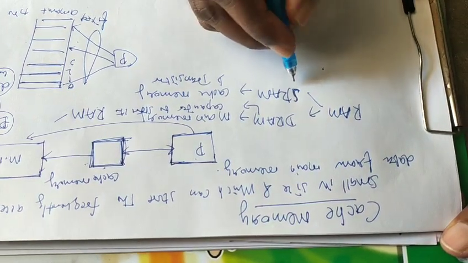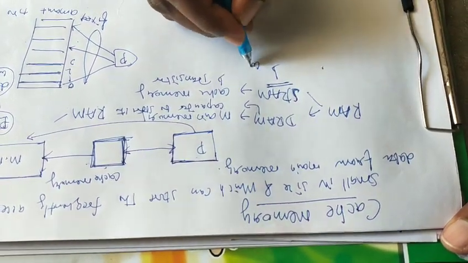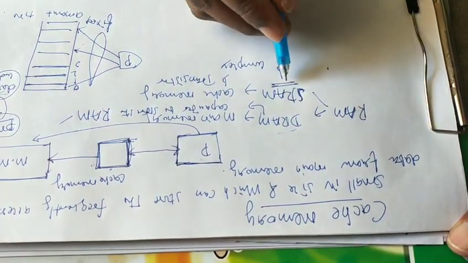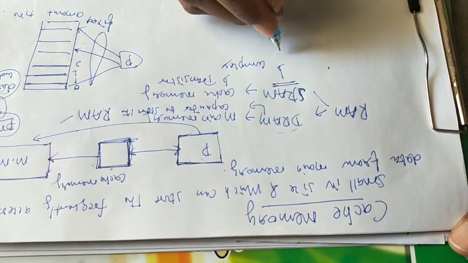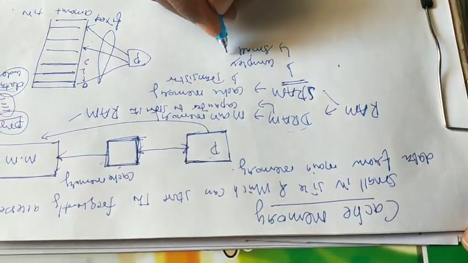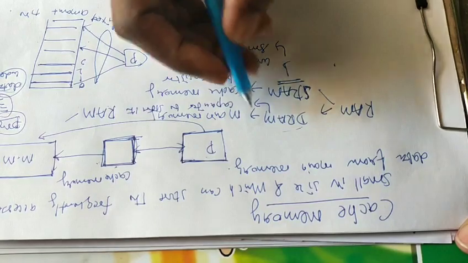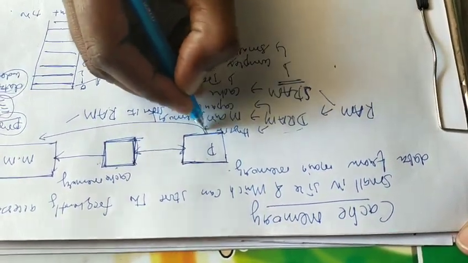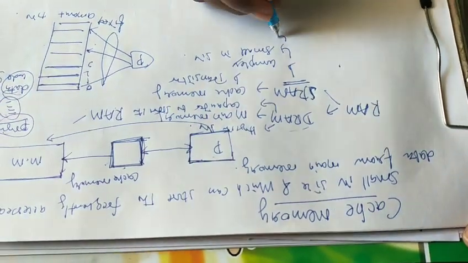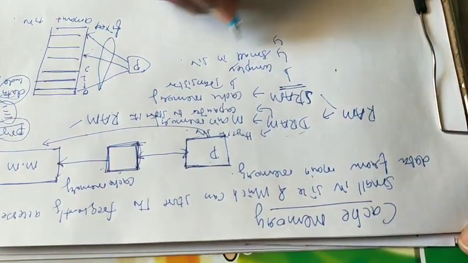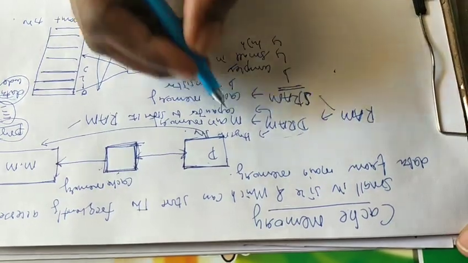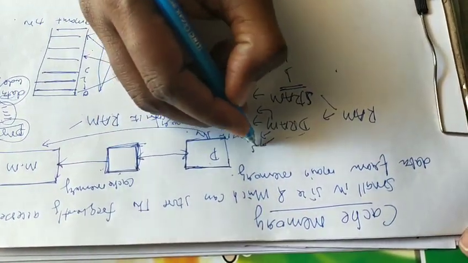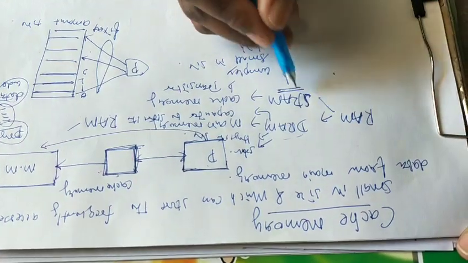Also, the design of SRAM is very complex, while DRAM is not so complex compared with static RAM. SRAM is small in size, while DRAM is somewhat huge in size. The access speed of static RAM is high, and the access speed of dynamic RAM is slow compared with static RAM.